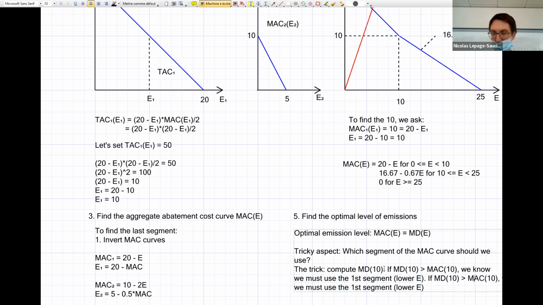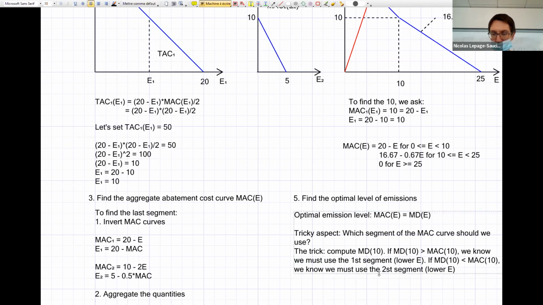If MAC is smaller than MAC of 10, then we must use the second segment. Higher. So let's do that.